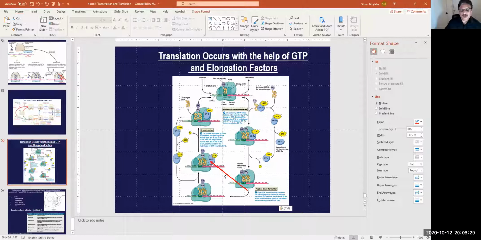And again, EF-G and EF-Tu, they're both GTP. The GTP is hydrolyzed to GDP, and this energy is required for the formation of peptide bond as well as sliding. So remember EF-G versus EF-Tu.